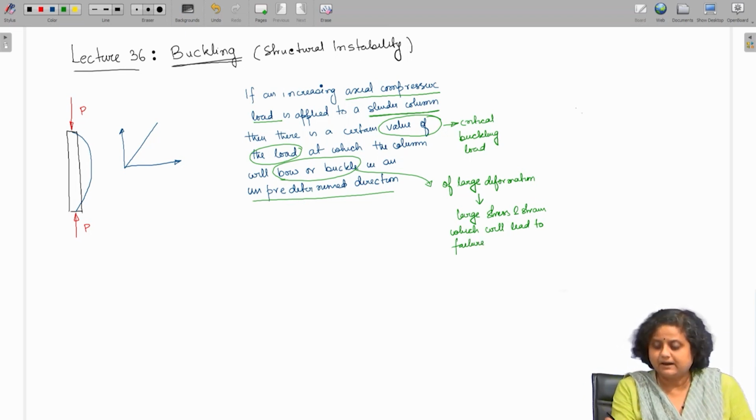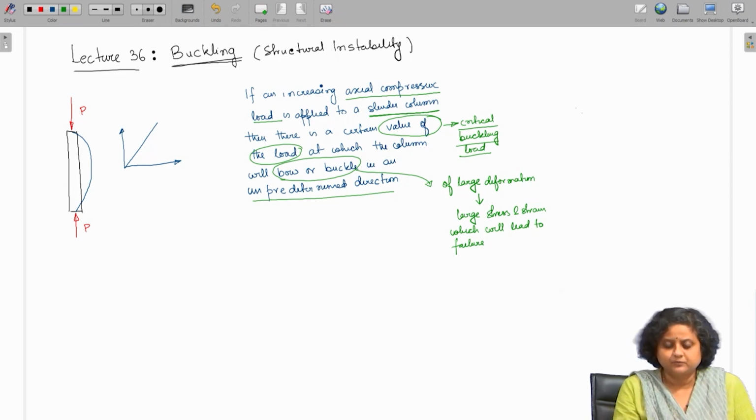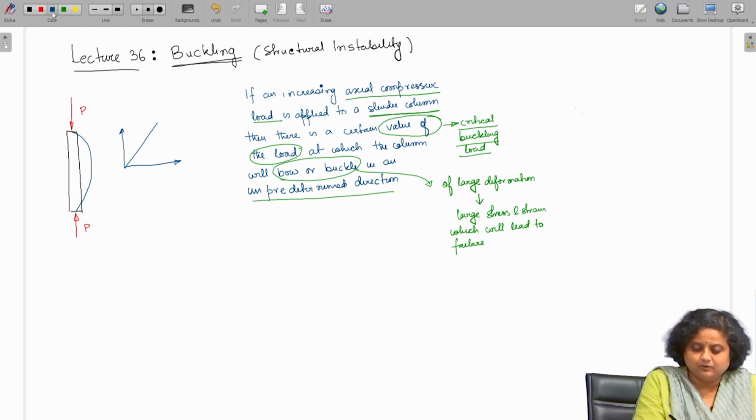Now, this critical buckling load that we are talking about is most often much smaller than the compressive failure load of a column.